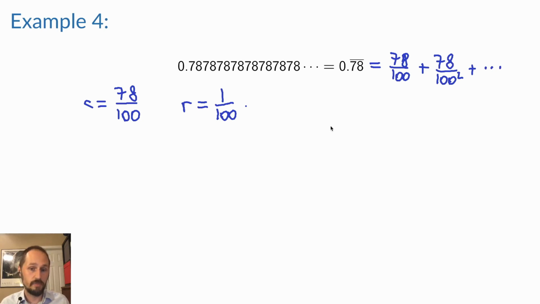Okay, and conveniently enough, 1 over 100 is less than 1. So that means that this series converges. We already knew that, right?